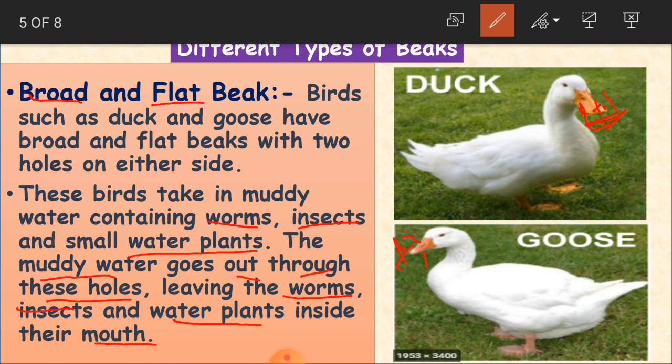The water comes out through these holes, leaving the worms, insects and water plants inside their mouth. What is remaining now are the worms, insects and water plants, which go into the mouth of these birds as their food. Clear children? So that is why duck, goose and such birds have a broad and flat beak which has two holes on either side of the beak.